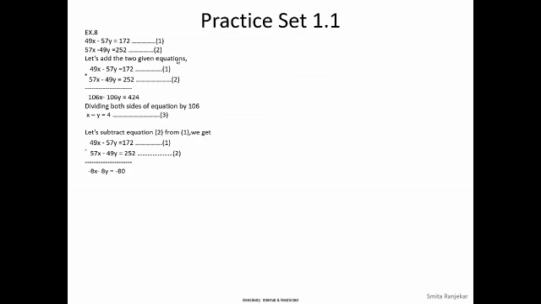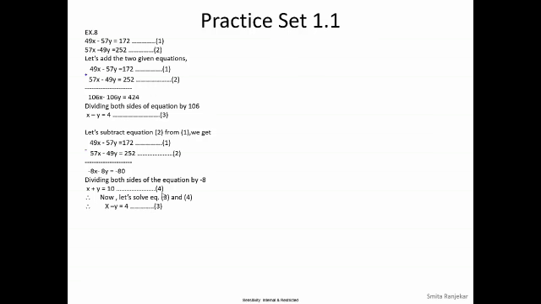Again, all numbers are divisible by minus 8. So we are going to divide complete equation by minus 8. We get x plus y is equal to 10. Now we will solve equation 3 and equation 4 simultaneously.